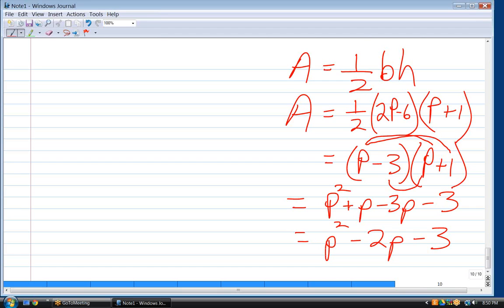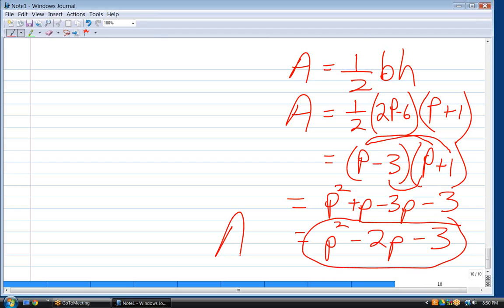This plus p right here, I could not just say p. That doesn't have any meaning there. It's p squared next to a p. If I want to add that p to the first term, then I've got to put that plus sign there. And the minus sign in the second one. So there's your expression for the area of that triangle.